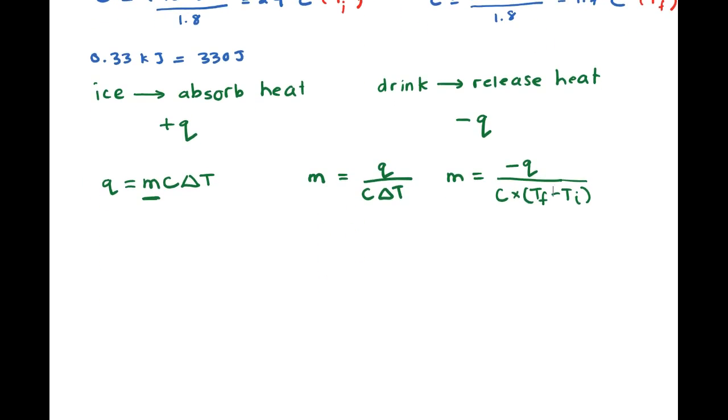Let's go ahead and plug things into our equation. So I have my mass of soda, as a reminder, is going to be negative 330 joules. Remember that we had to convert it to joules. And that's going to be divided by, we're given that the specific heat capacity is 4.18 joules over grams times degrees Celsius.